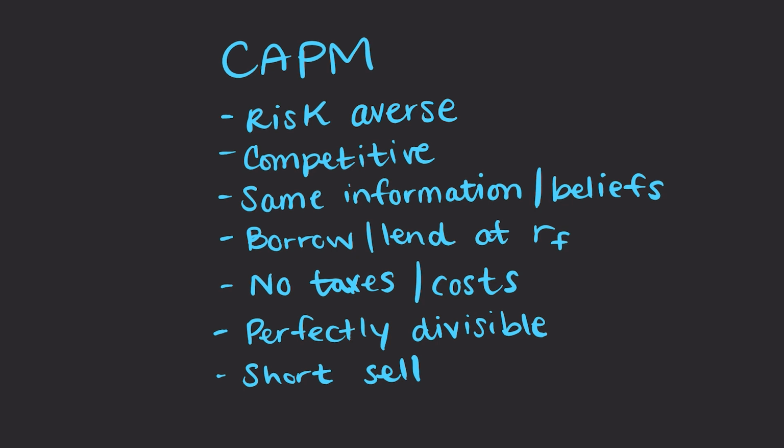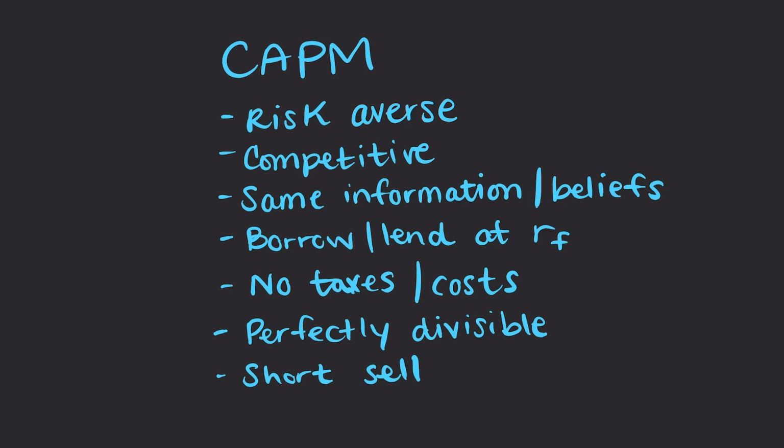And if everybody has the same risk-free rate and efficient frontier, that means everybody has the same tangency portfolio. Now, what was the result of that? If you're able to borrow and lend at the risk-free rate, you would only ever invest in portfolios on this line. You would only ever invest in combinations of the tangency portfolio and the risk-free rate.